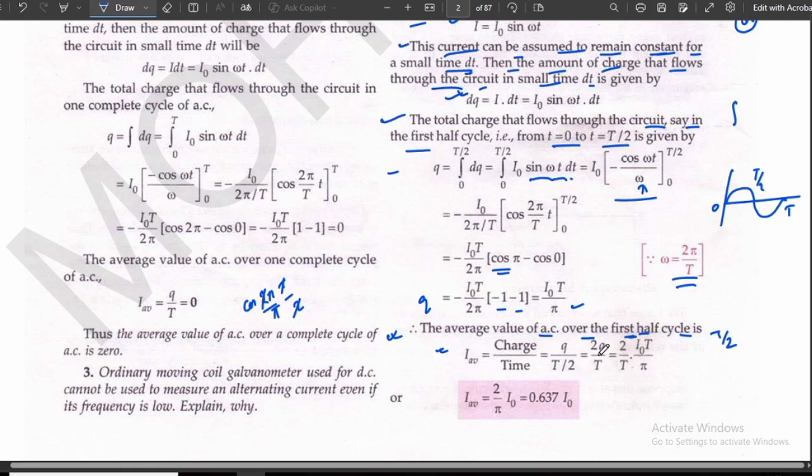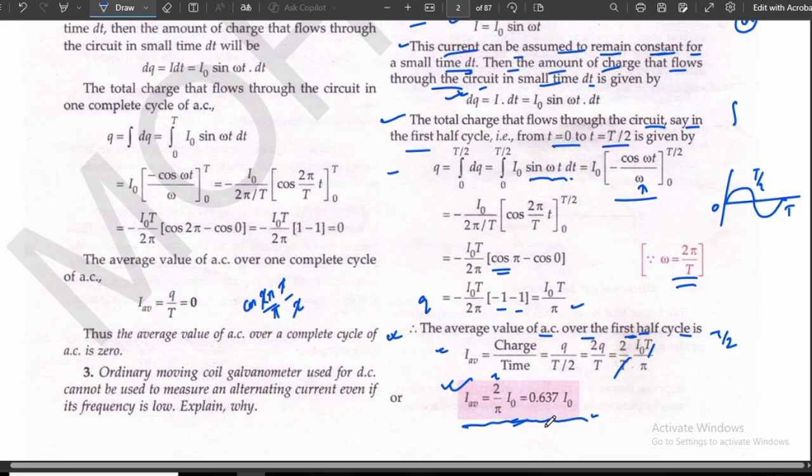So it will be 2Q by T, and then 2 by T into Q, which is I0 T by pi. T and T get cancelled, so it is 2 by pi I naught. And 2 by pi is 0.637. So we get I average equals 2 by pi I naught, that is equal to 0.637 I naught.